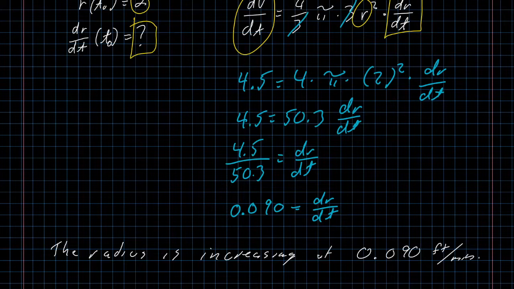Things can get to be a little bit messier when you have a couple of rates going on instead of just a single rate. So let's look at another problem.